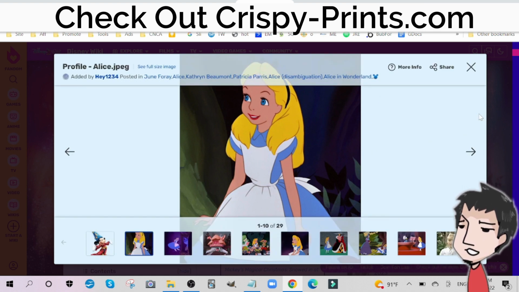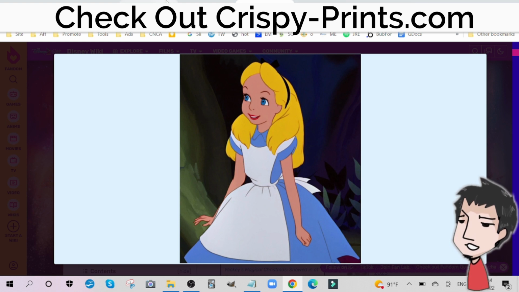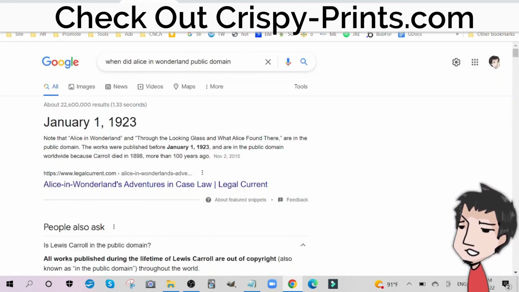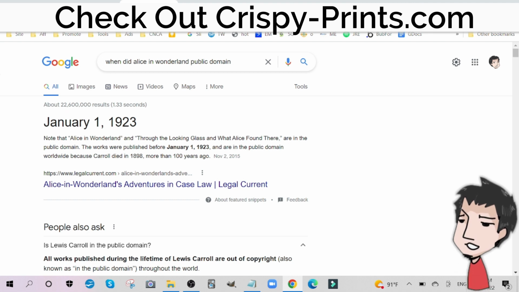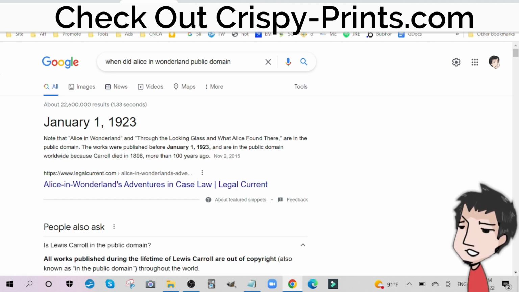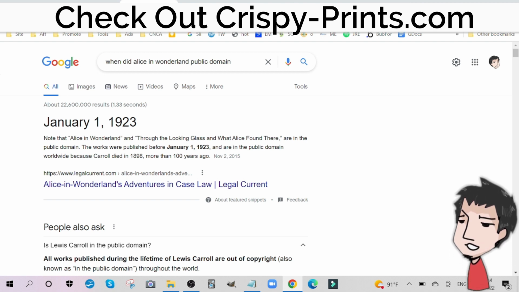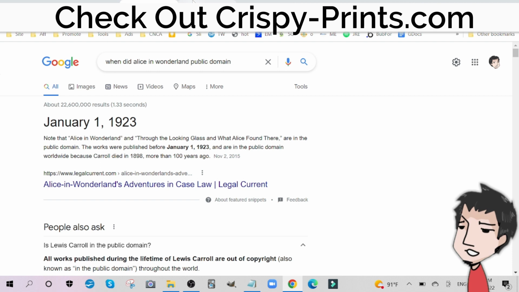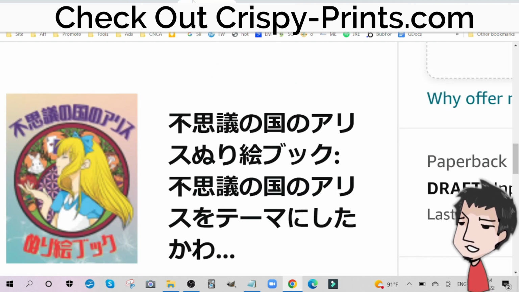So I knew very well going into this that Alice in Wonderland was in the public domain. I also knew that the Japanese market on Amazon KDP were searching for Alice in Wonderland related coloring books and other types of products online. So I went ahead and I had an Alice in Wonderland coloring book created, okay?